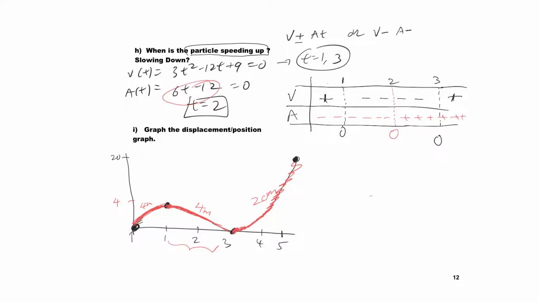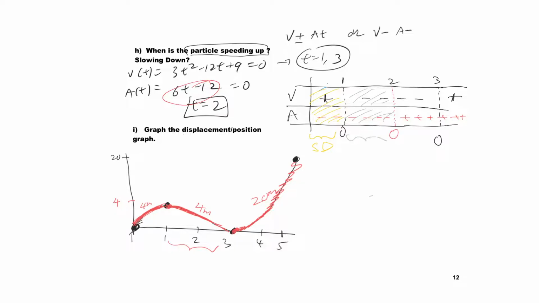And now we can look at the overall, and let's look at the intervals right now. If you notice in this area here, so I'm going to use yellow, we have positive and negative. Because velocity is positive and acceleration is negative, we know that we are slowing down. Over here in the gray, notice how both these signs are negative, negative.